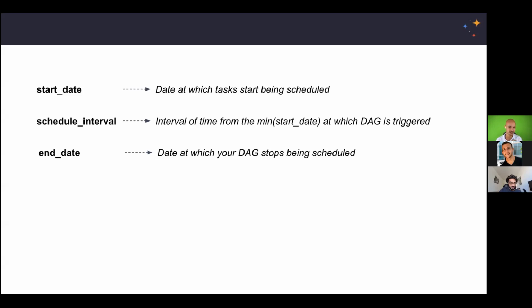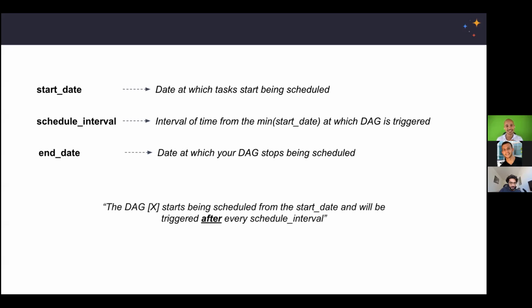And now there is this sentence that sums up how your DAGs are scheduled in Airflow. Basically, you can say that your DAG starts being scheduled from the start date, let's say the 1st of January 2021, and will be triggered after every scheduled interval. For example, every day or every 10 minutes.